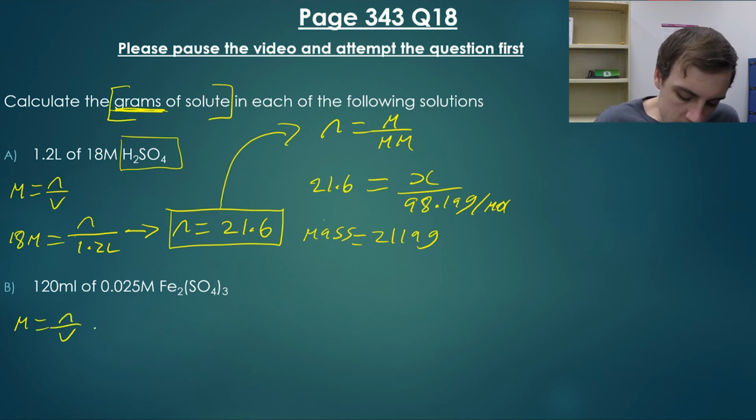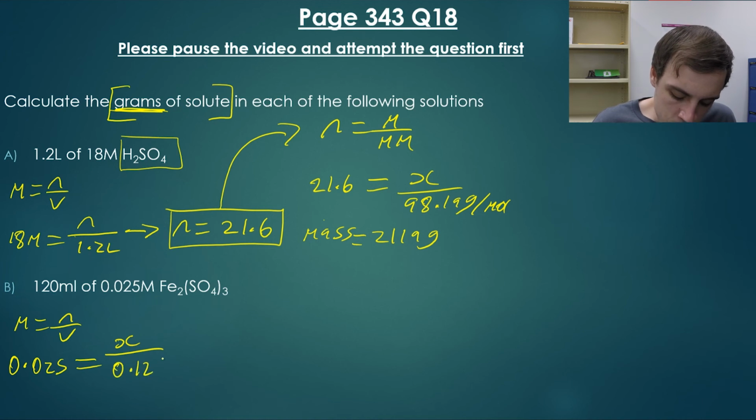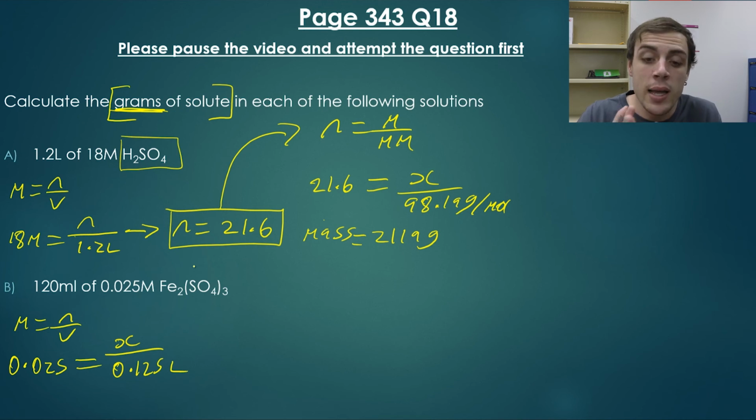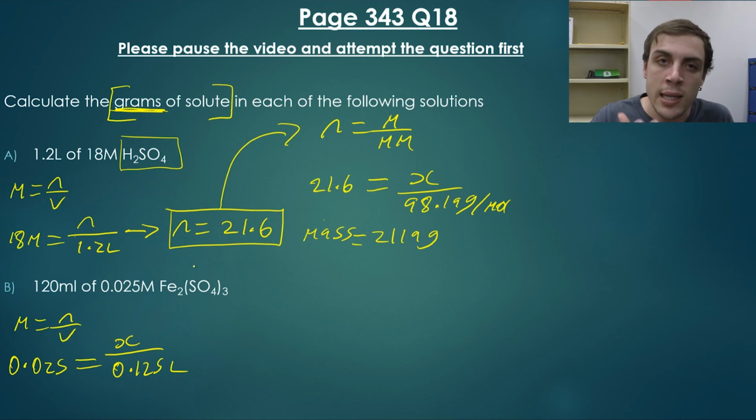So the molarity, which is 0.025, is equal to the number of moles, which we don't know, over volume, which is 0.125 liters. Please remember liters, okay? Never ever use mLs in molarity. That is the easiest way to lose a lot of marks, okay? Molarity is always moles per unit liter.